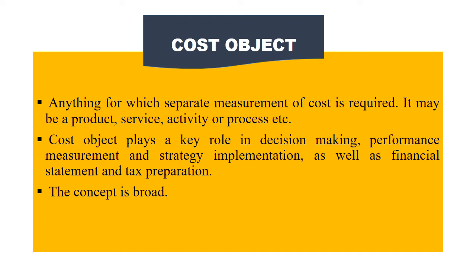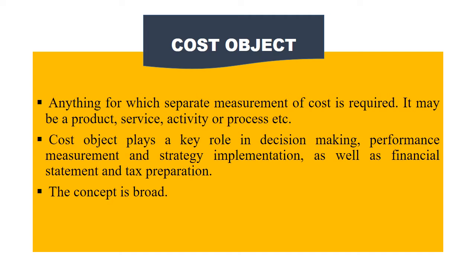For example, in case of hospitals, while finding out the cost for providing consultation service, here the cost object is consultation service. Similarly, in case of products, you can consider computer, mobile phone, television, car, etc. And furthermore, in case of process, while taking a textile mill, spinning process, weaving process are all considered as cost object.